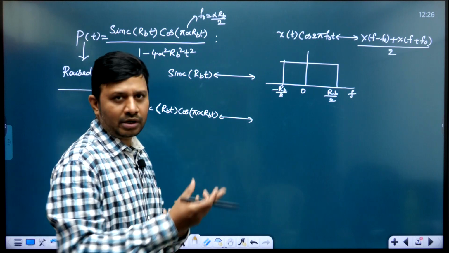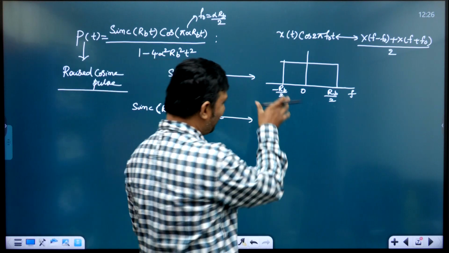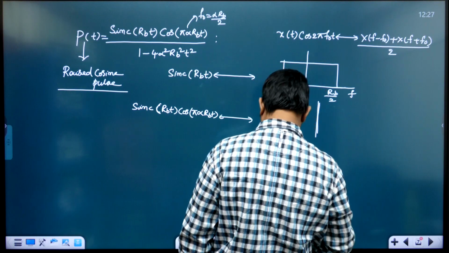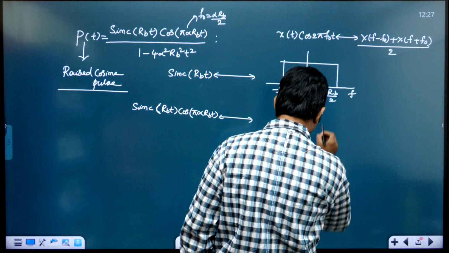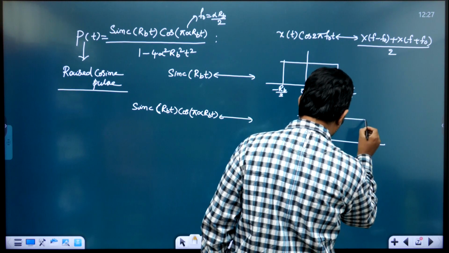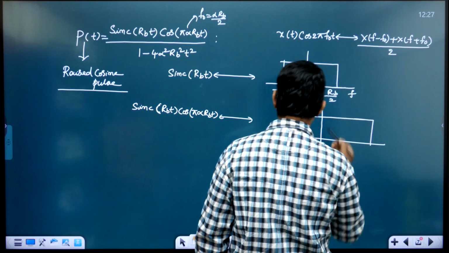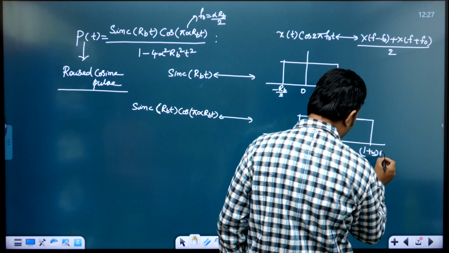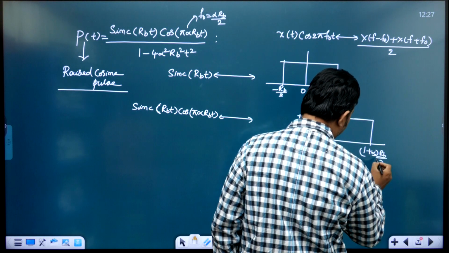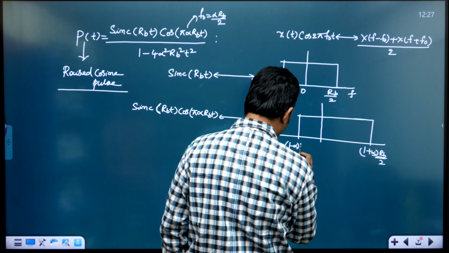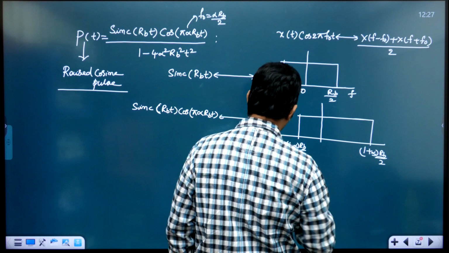So we will draw them individually and add. If this is shifted to the right by alpha RB by 2, RB by 2 means like this, so simply add alpha RB by 2. This becomes 1 plus alpha into RB by 2, and this is minus of 1 minus alpha into RB by 2.